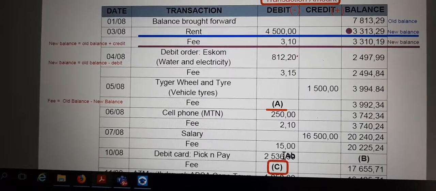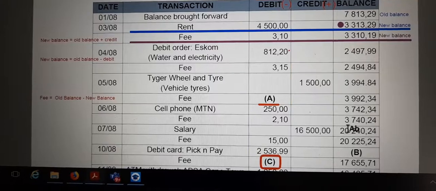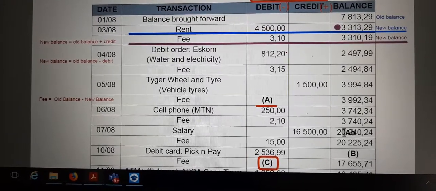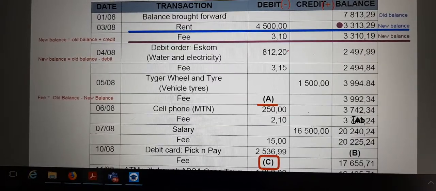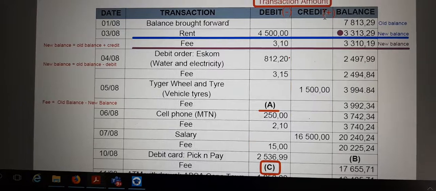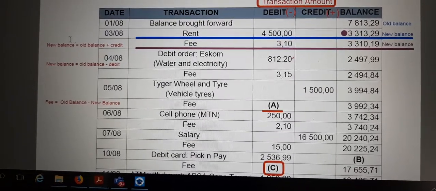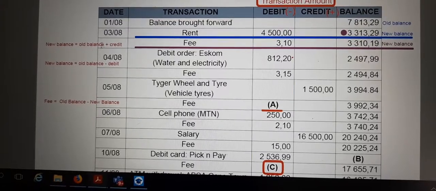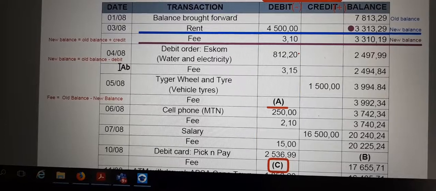If I had to get this one, this is the new balance, it is equal to old balance plus credit, because the credit I add. So the formulas for getting the new balance are two: plus credit and minus debit.